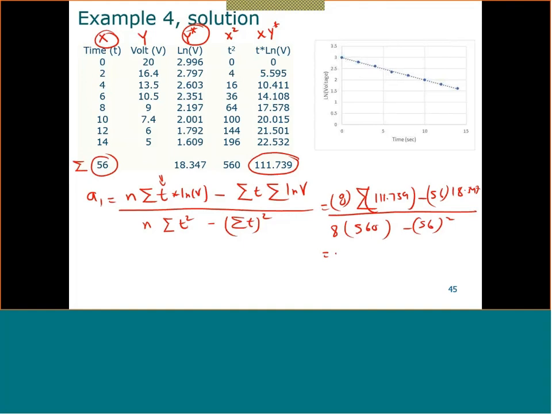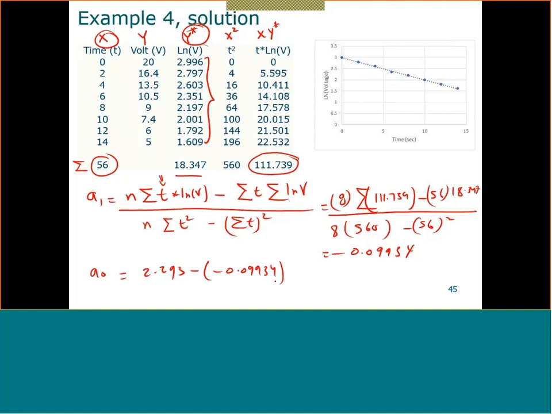Okay. Now I need to find my A0. My A0 is equal to the average of these values. I have to find the average here, you see all the values. So this becomes 2.293 minus A1, which is minus 0.09934, times the average of T. This is T, and its average is equal to 7.